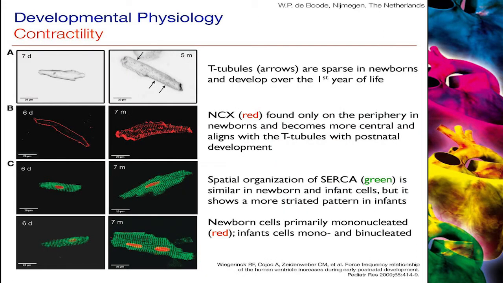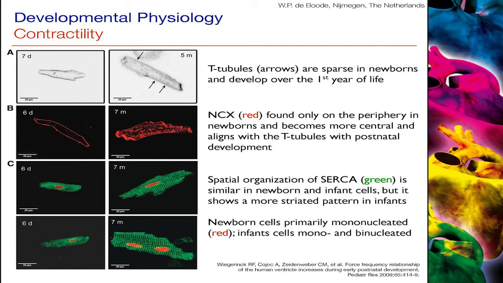If you look at the cellular level, there's quite a difference between what you see here on the left side, newborns, and here older children. A lot of mechanisms involved in calcium handling are quite different. The T-tubules are more sparse in the newborn and they develop over the first year of life.